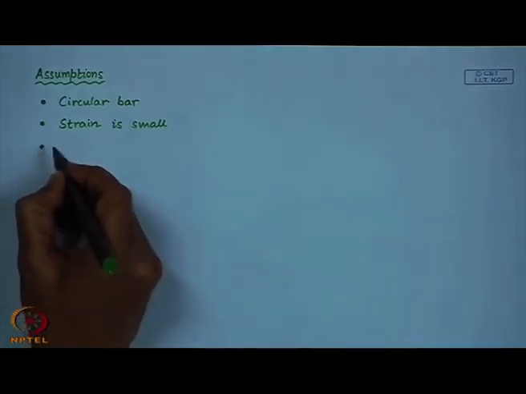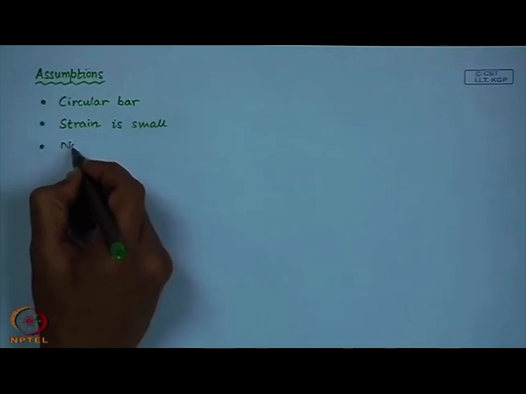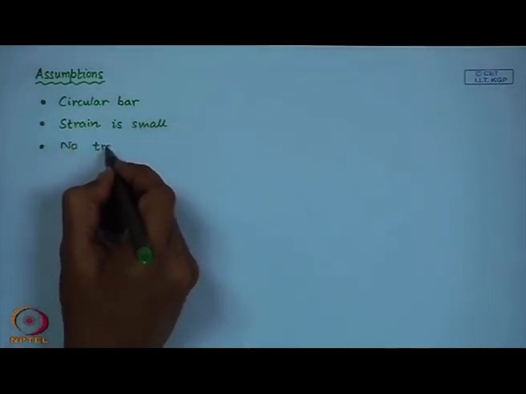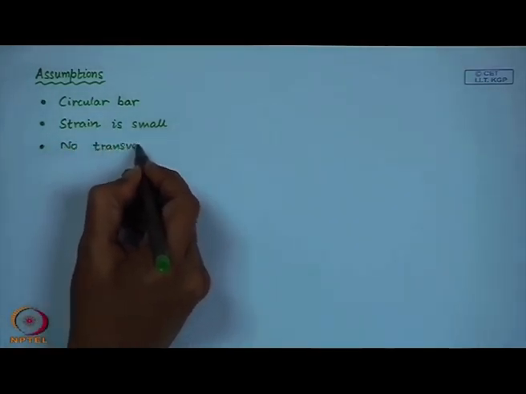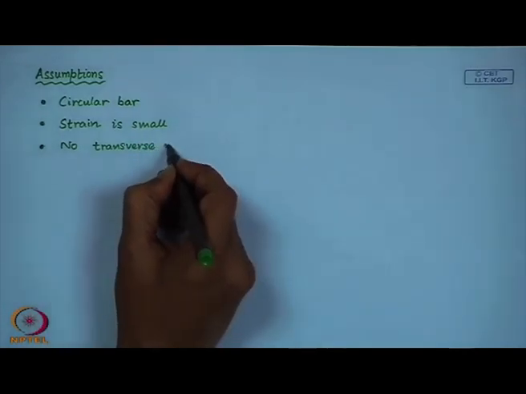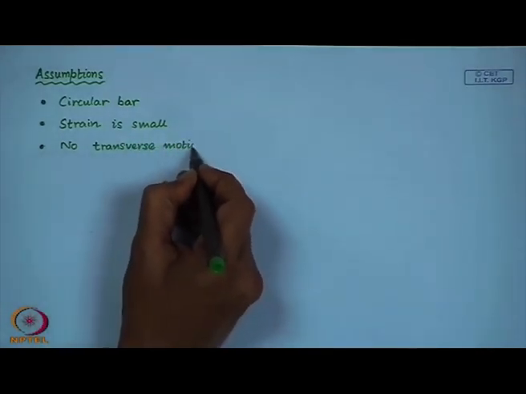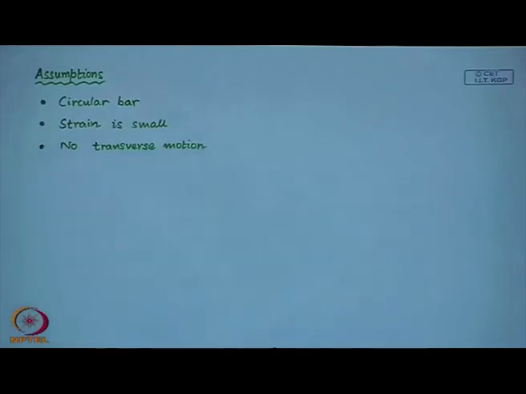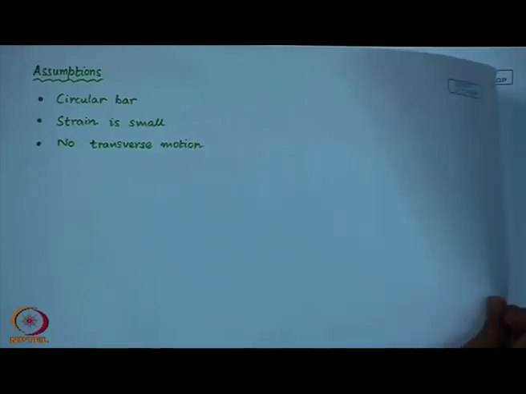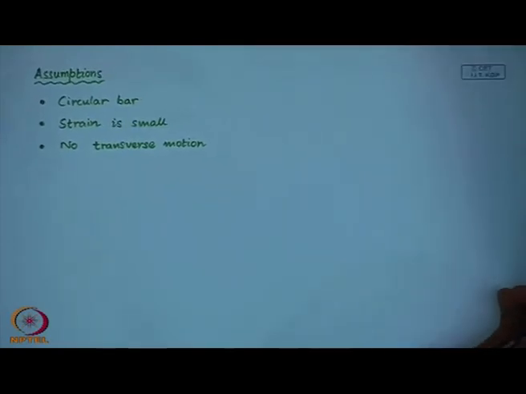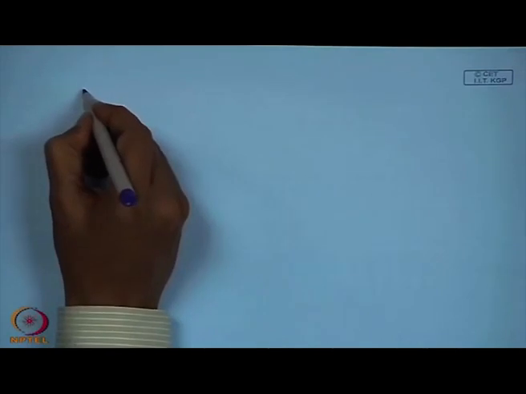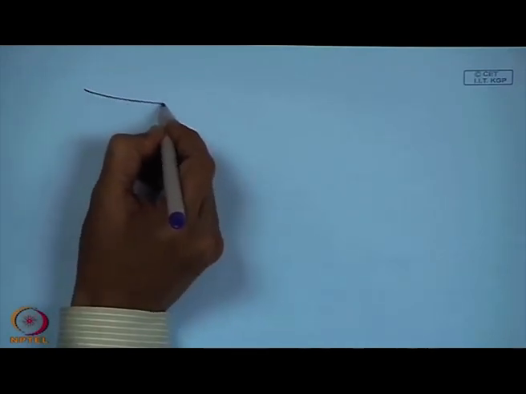And we will also assume that there is no transverse motion. There is no transverse motion of the bar. So, with these assumptions, let us look at a circular bar.